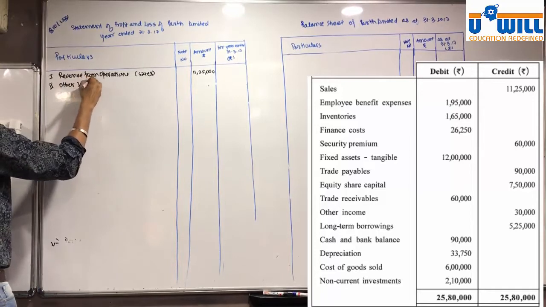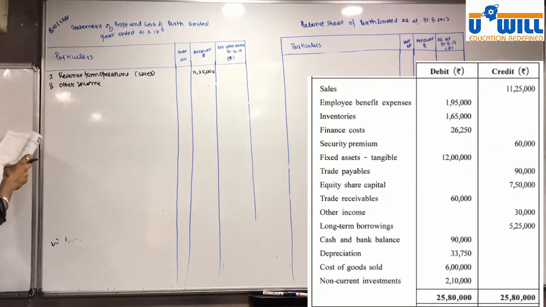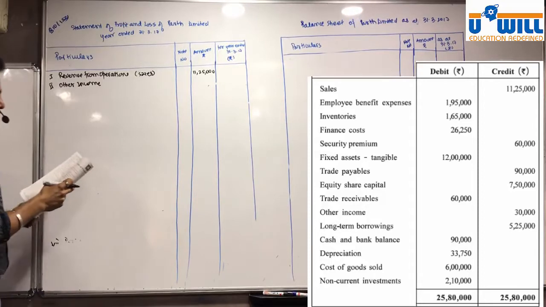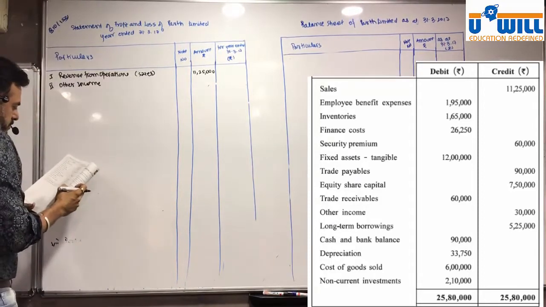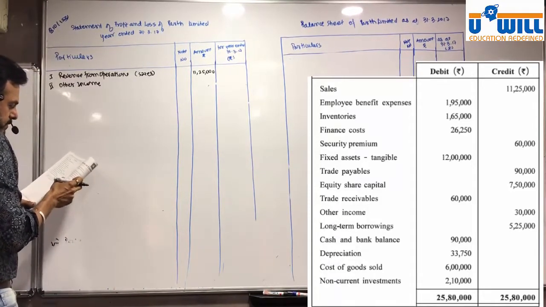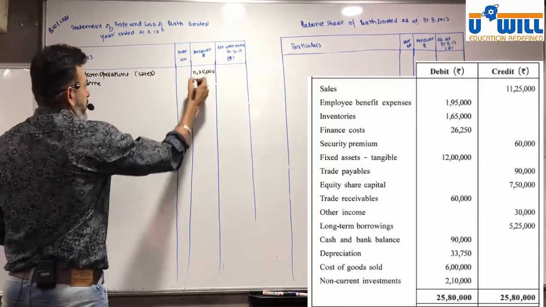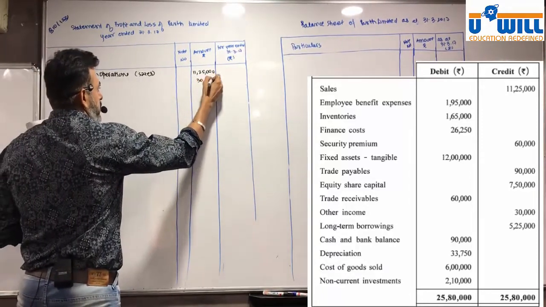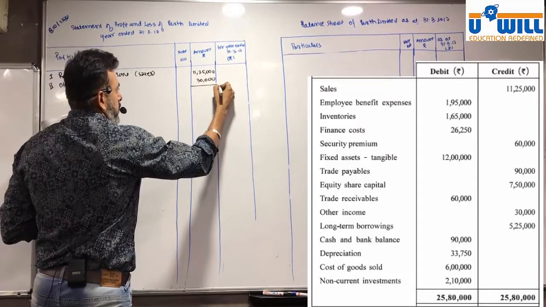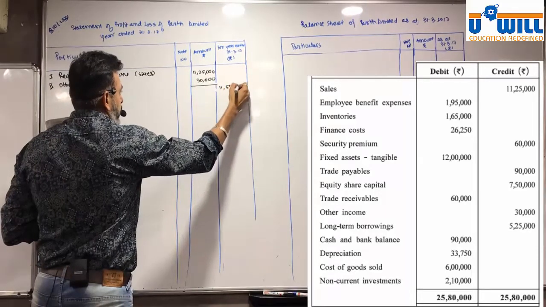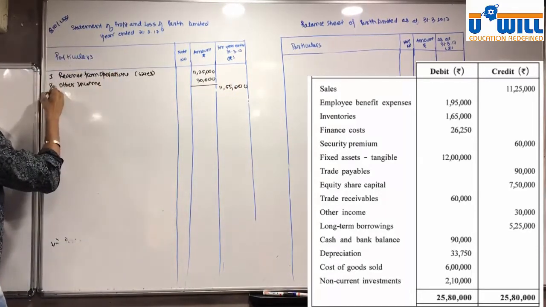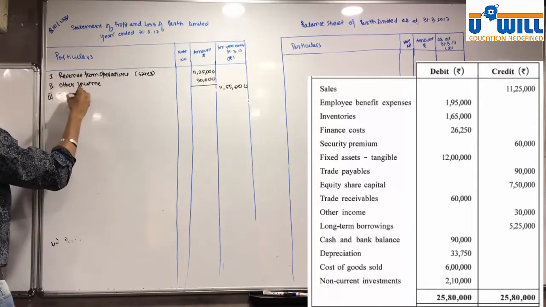Other income. Do we have other income? 30,000 already given. 30,000. 11,55,000. Third, total revenue.